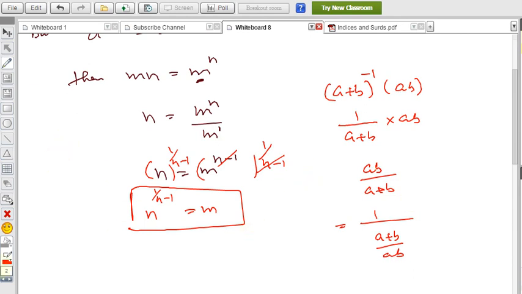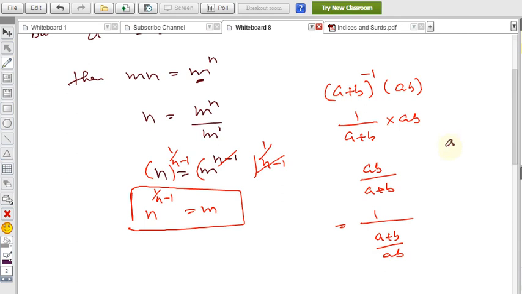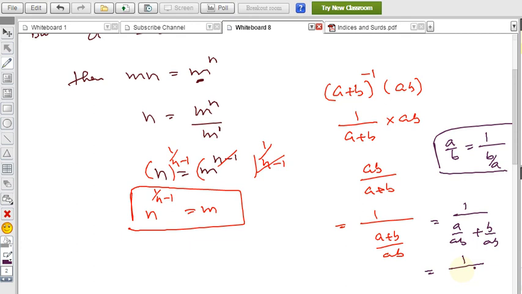You can see the formula also. Formula like a by b, I can write 1 by b by a. Now this I can write 1 by a by ab plus b by ab. So 1 by b plus 1 by a, because a and b cancel.